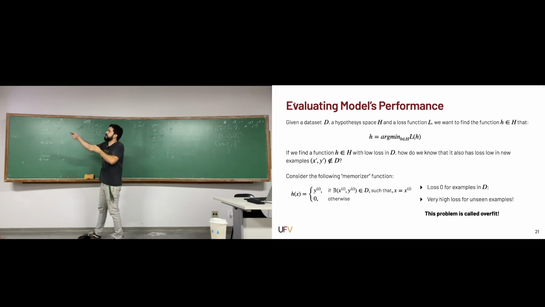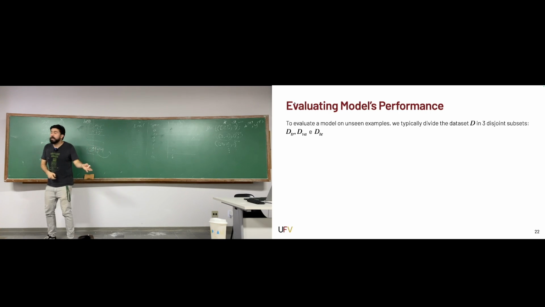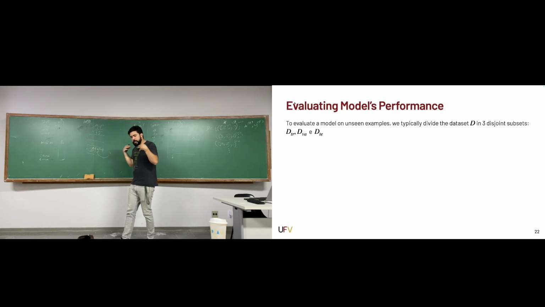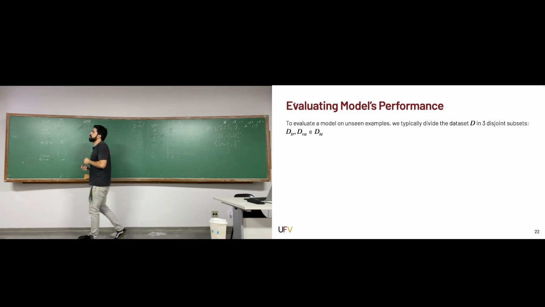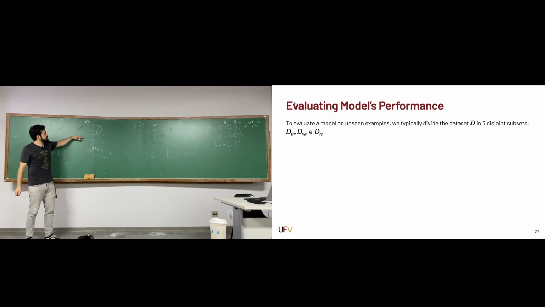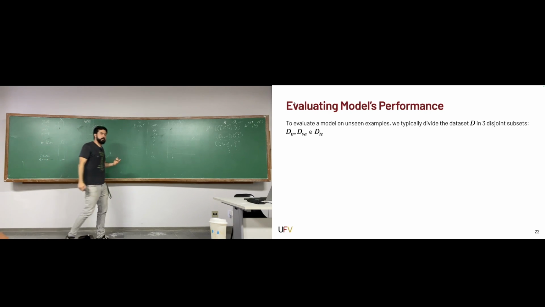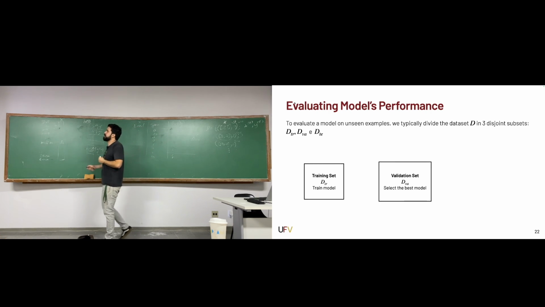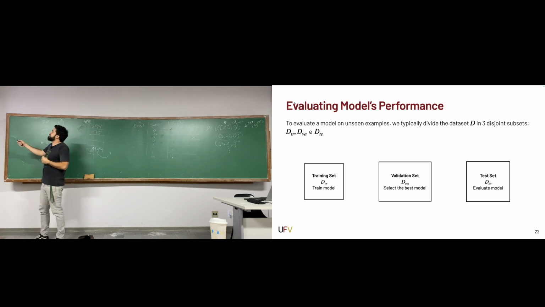Still, I haven't answered the question. Let's see how to actually do that. So, in practice, in machine learning, when we are training models and we want to evaluate their performance, we're going to take our data set D and we're going to split it in 3. So now I'm going to derive 3 subsets.